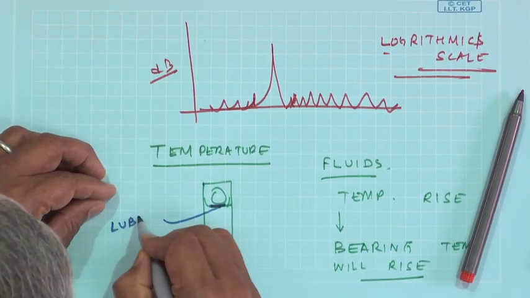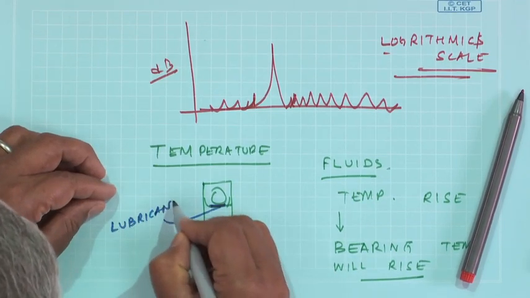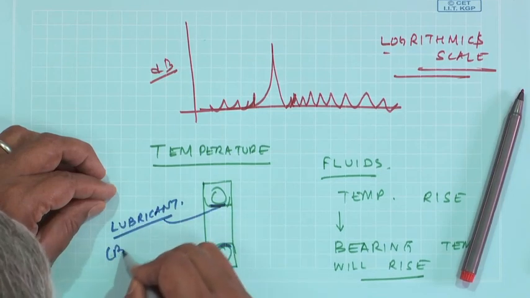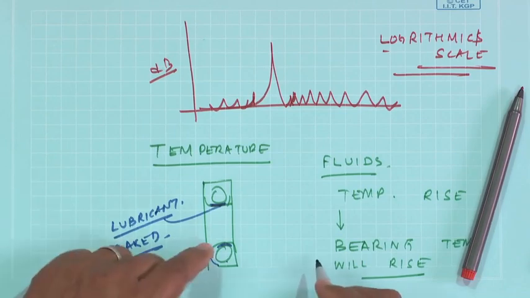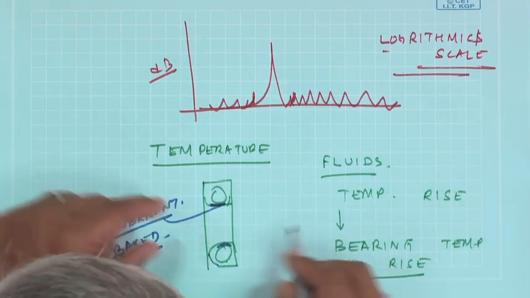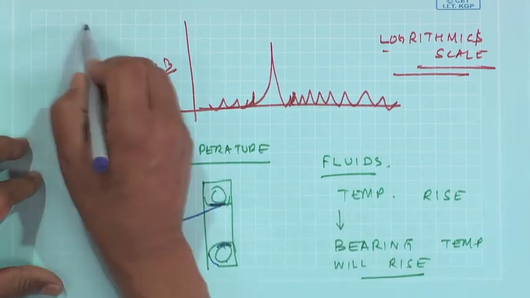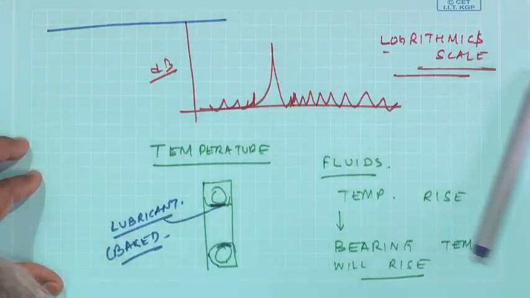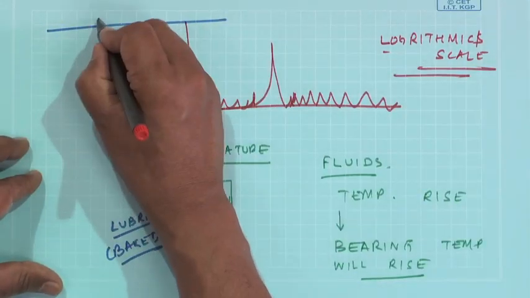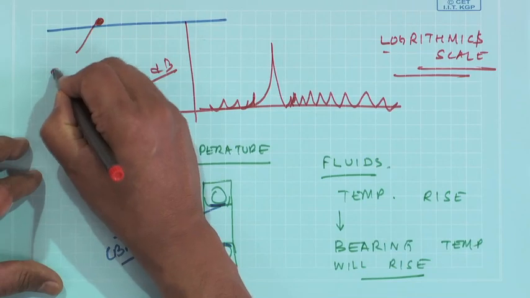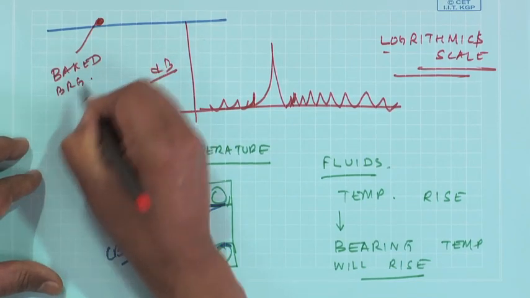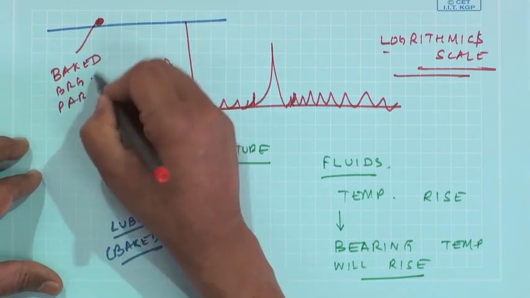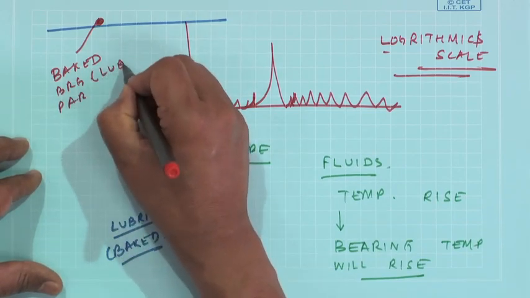So, the lubricant will get baked, and then it will form a hard carbon residue, which will become like an impurity. If you open the race of the bearing, there will be like an impurity because of a baked lubricant particle.